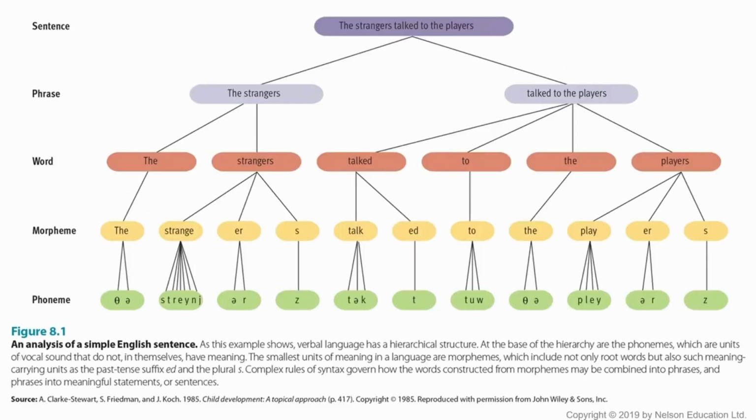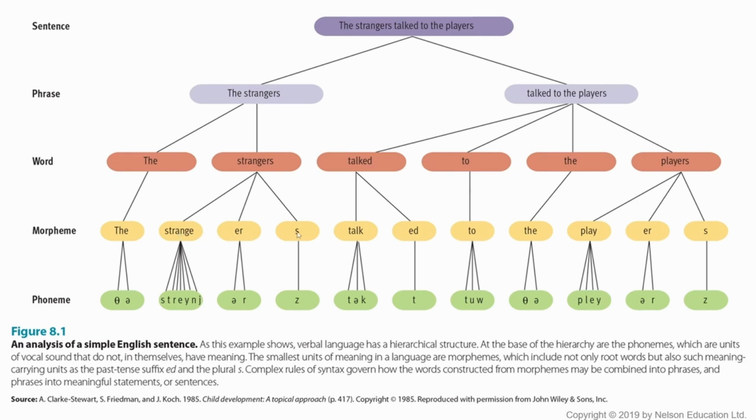If you don't quite visualize that just from the words, we can use this diagram, where we use the word strangers. Strange is the root word. ER is one of our suffixes saying that it is a person who is strange: stranger.